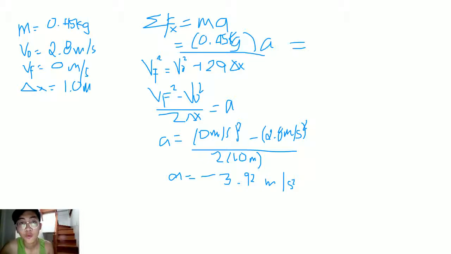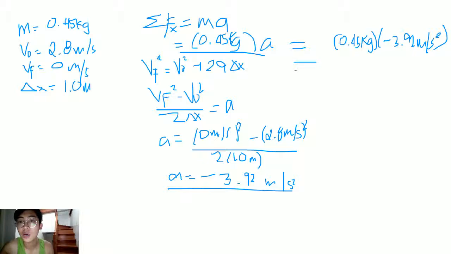So, friction force natin would be 0.45 kilogram times acting acceleration, which is nakuha natin, negative 3.92 m/s squared, and that would be equal to 0.45 times negative 3.92.